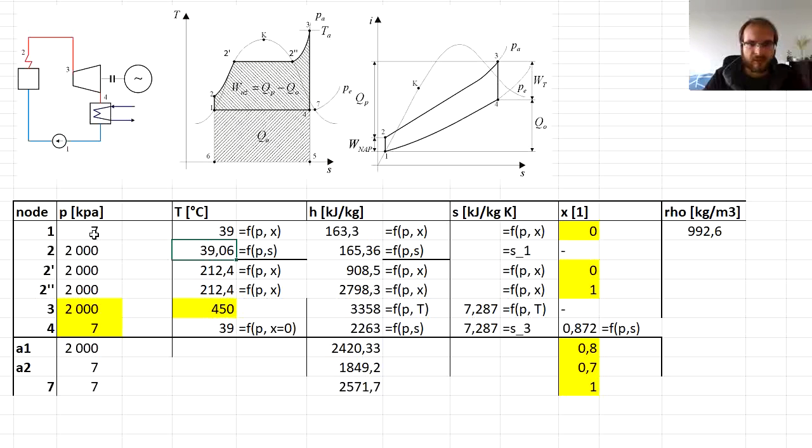So now we have the values of all the parameters in the table, well, except for the entropy, but we don't need that one at this point. And we can continue in the calculation of our problem, where the task was at first to determine what is the heat input and what is the work of the turbine.